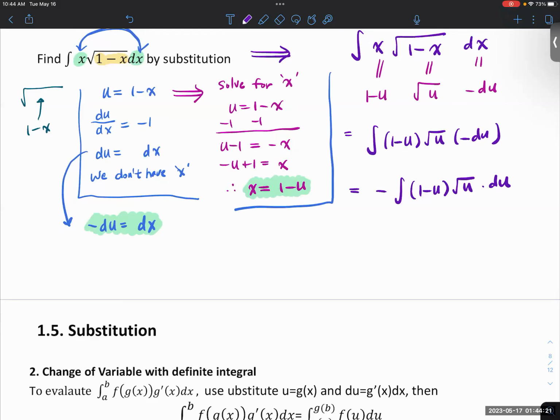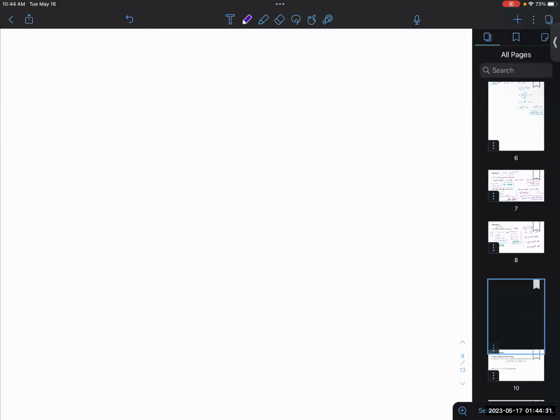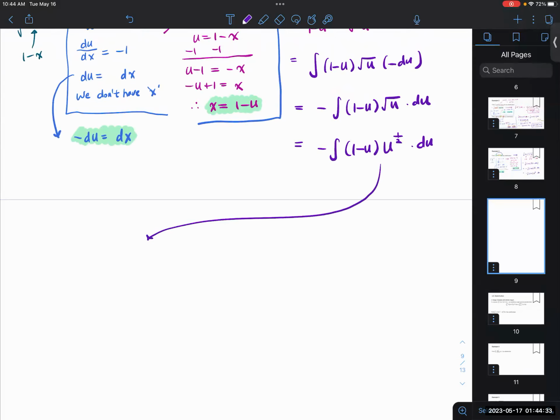We're going to take the integral. So here, 1 minus u, and radical u means u to the 1 over 2 du. Am I okay? So let me make a little bit of space. So here, let's do all the distributive property. So negative integral of 1 times u to the 1 over 2 minus u times u to the 1 over 2. So there's an invisible 1, so 1 plus 1 over 2, 3 over 2, du.